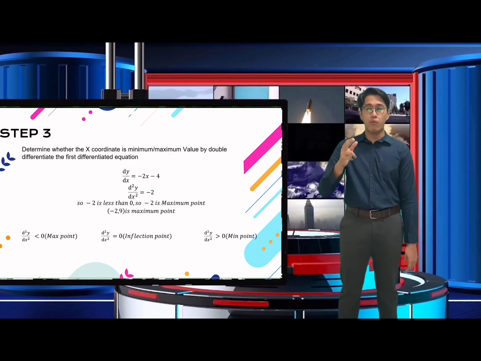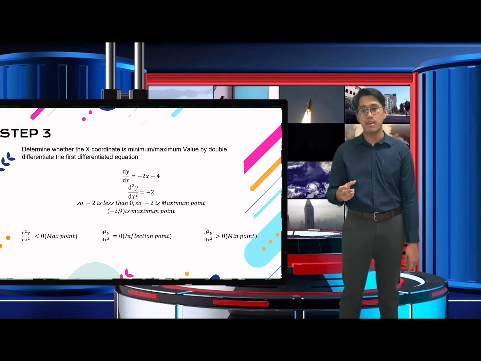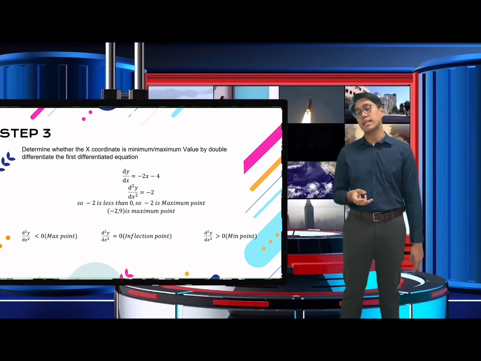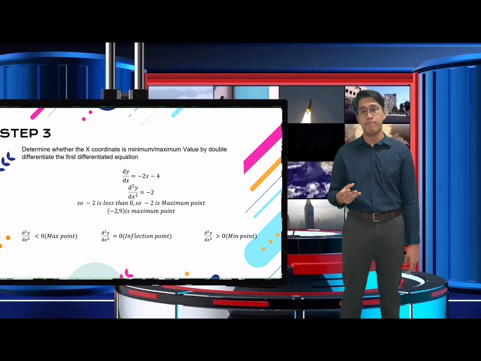When d squared y over dx squared is equal to 0, it indicates the coordinate is an inflection point. When d squared y over dx squared is greater than 0, the coordinate shown is a minimum point.